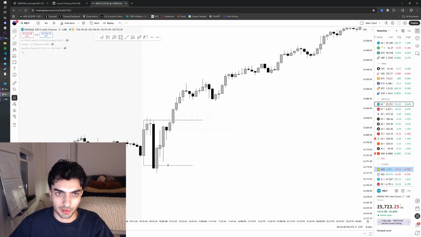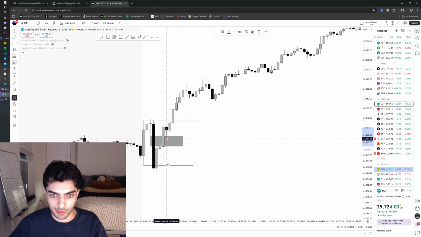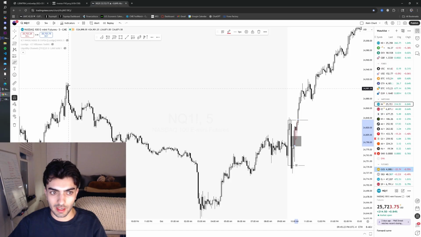So what do we see happen here? We see this gap get created, price dumps, and as you can see, price retests it. We get the closure outside of it. Price decides to retest it before moving higher to this liquidity. Not only that, we have these highs from the previous day, right before market close.